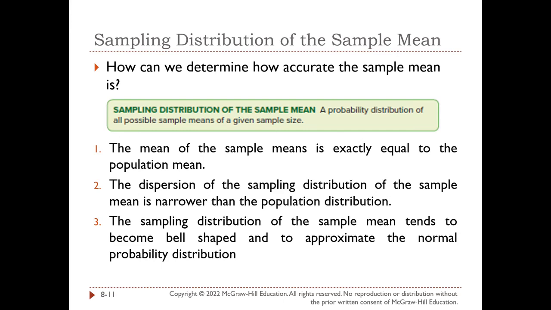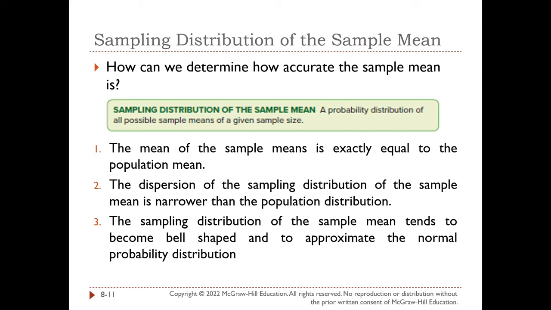How can we determine how accurate the sample mean is? Well, this is through the sampling distribution of the sample mean, a probability distribution of all possible sample means of a given sample size. The mean of the sample mean is exactly equal to the population mean.